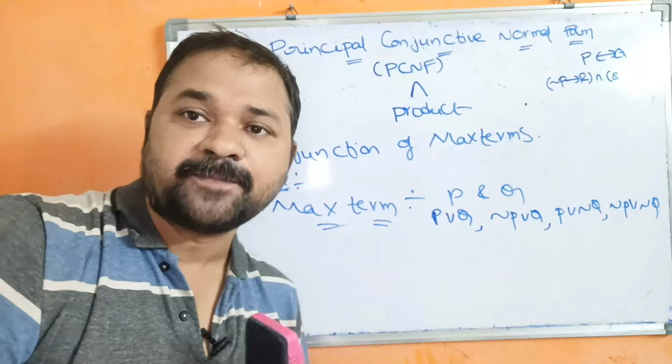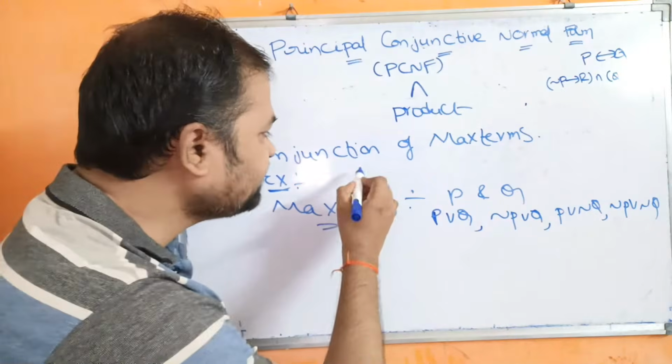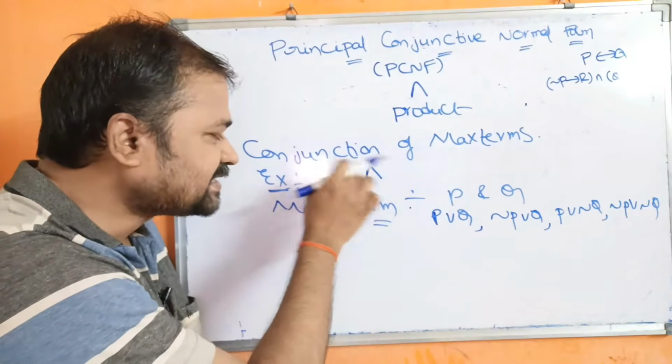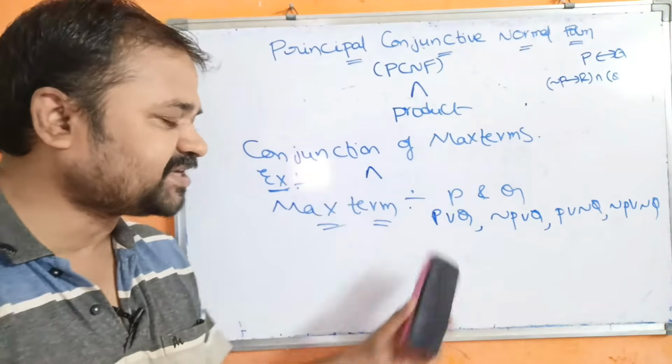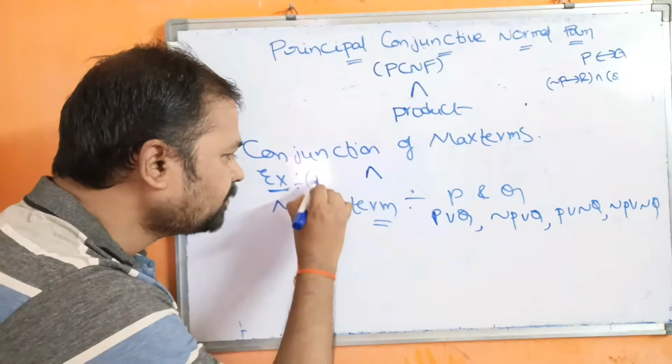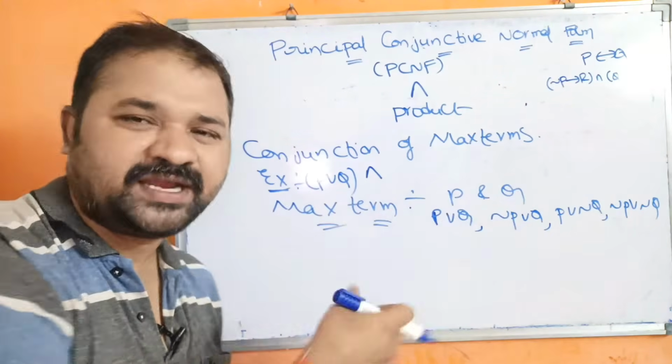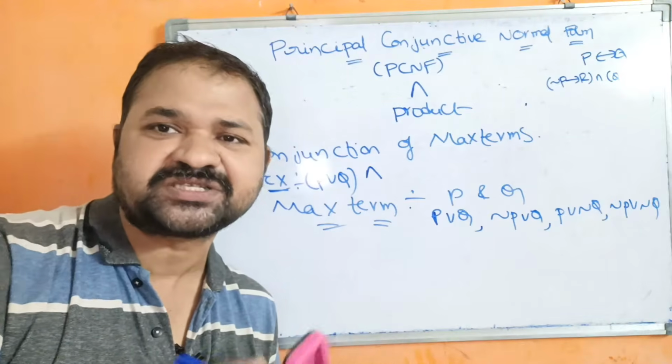Conjunction of the max terms. Conjunction means which symbol? The AND symbol. So here this conjunction is performed on the max terms. So what is a max term? Max term means disjunction of the two propositions. It may be two propositions or three propositions, depending upon the problem.